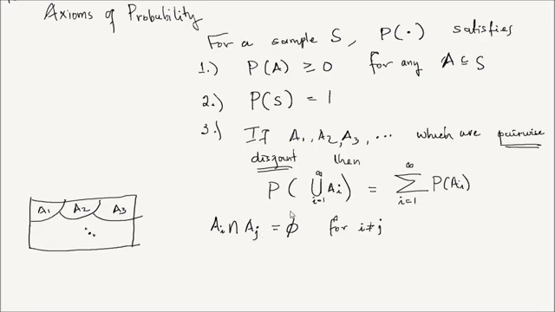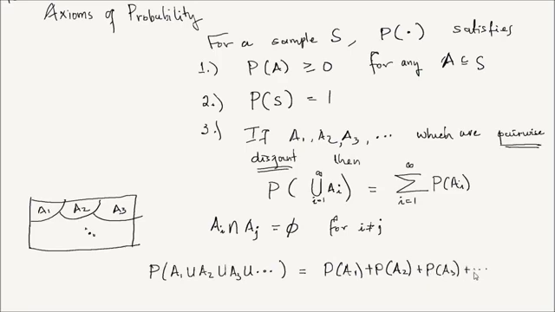So this statement means the probability of A1 union A2 union A3 union A4 union A5 and so on is equal to the sum, which is probability of A1 plus probability of A2 plus probability of A3 plus and so on.